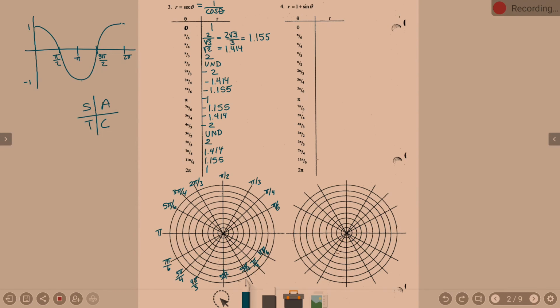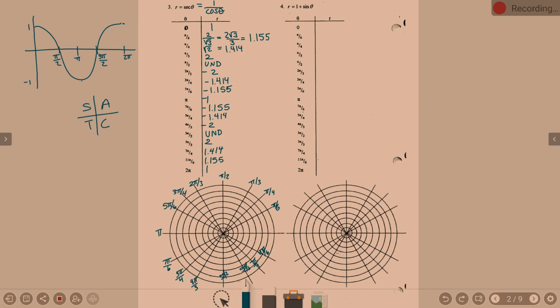How should we count? Are we wanting to go out to 2 again?